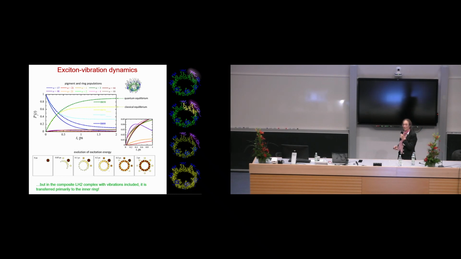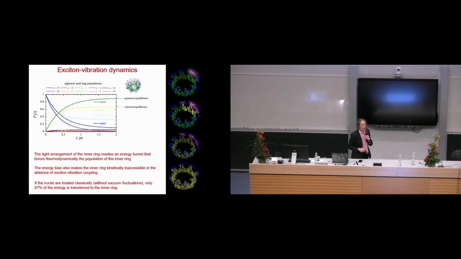So it transfers 90% of the population to the inner ring now. And that's, again, the combined effect of the tight structure of the inner ring, which provides the thermodynamic bias, and the kinetic effect that we get from coupling to vibrations. All right, so we understand what's going on here and how this works.